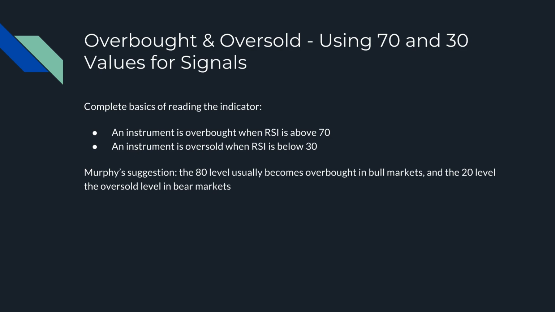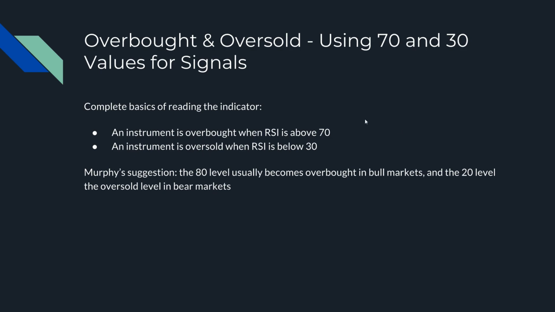Murphy, who's one of my TA go-tos, suggests that in bull markets you might want to raise that threshold to 80, and in bear markets lower it to 20. Most people don't. It's fine. It's just something to be aware of, perhaps adjusting the threshold depending on the market.